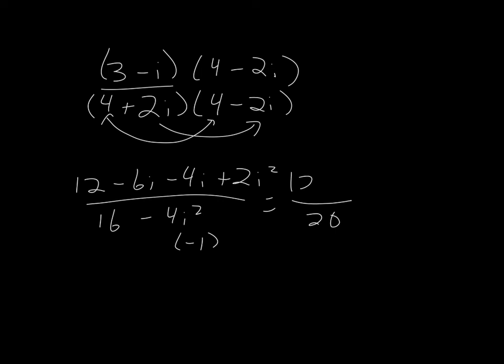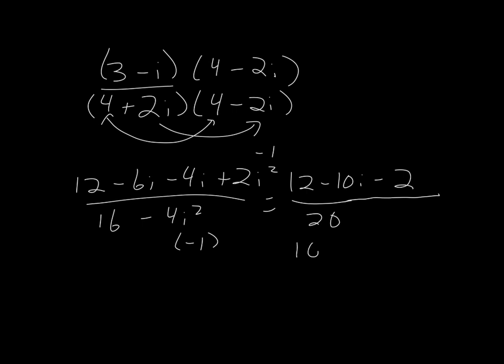Now, the numerator. The negative 6i and the negative 4i add and become negative 10i. And the plus 2i squared, well, this i squared also is negative 1. So we're really then subtracting this 2.